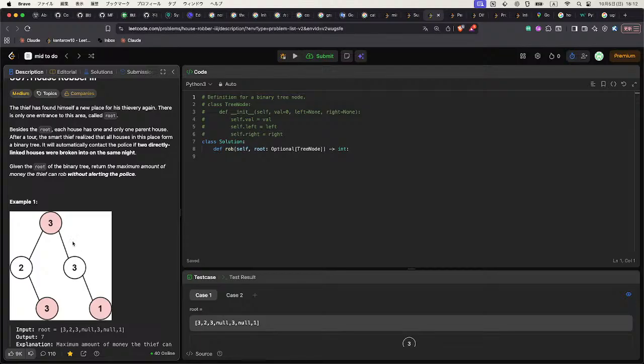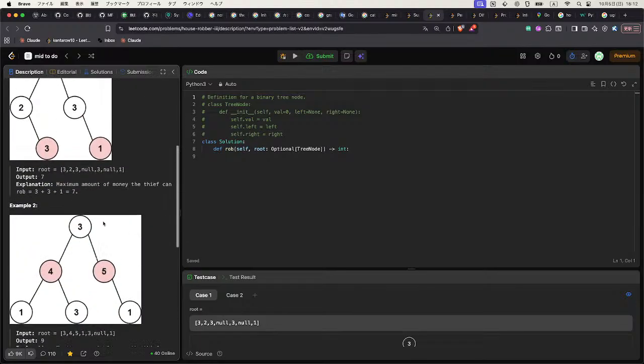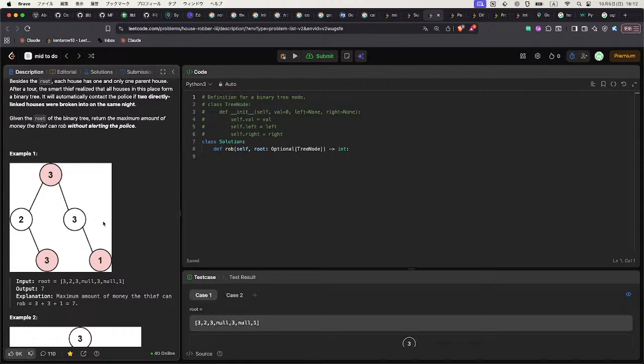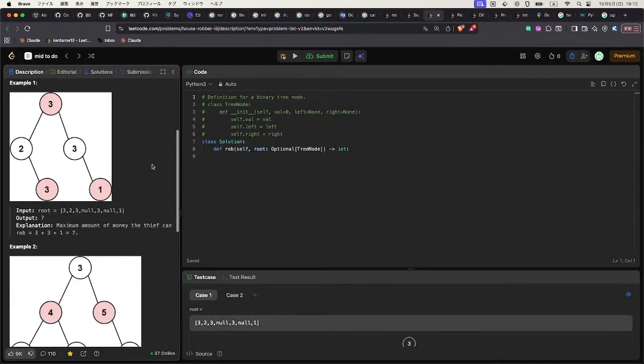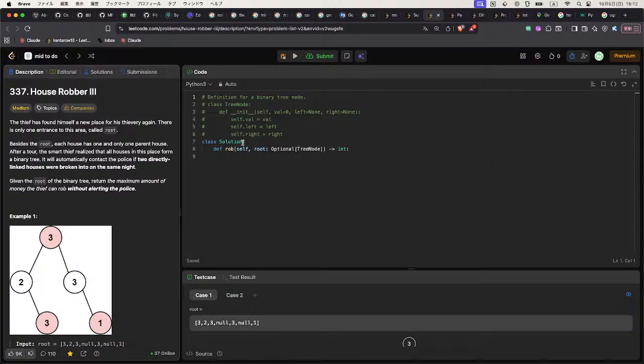And we have to maximize the number. That sums to, we sum up, that sums to, okay.